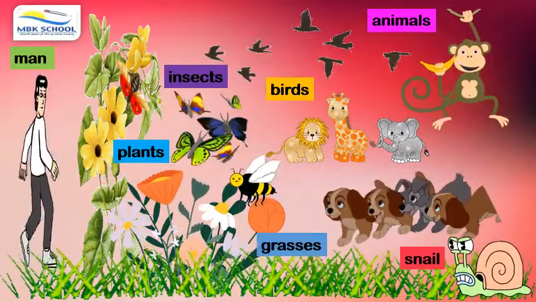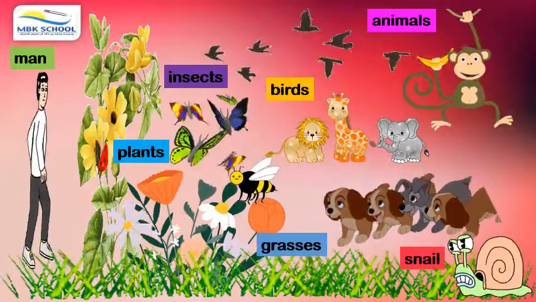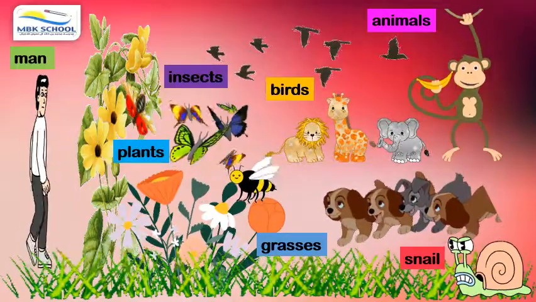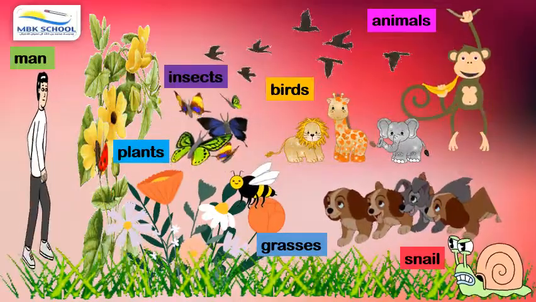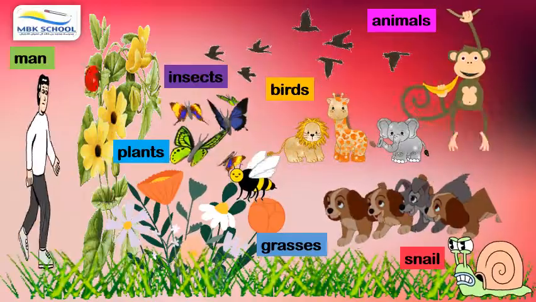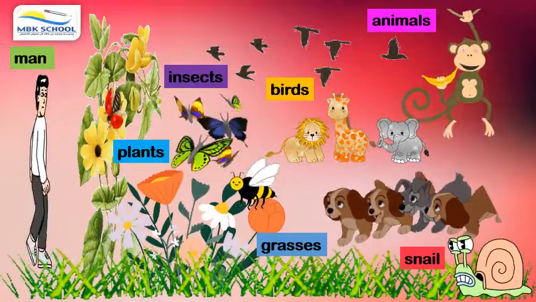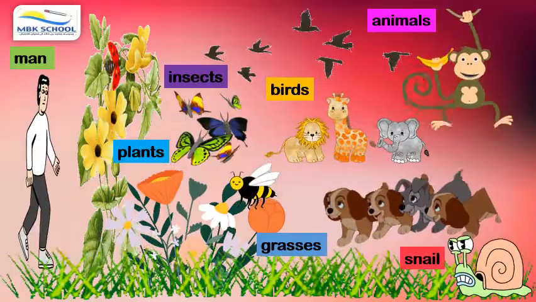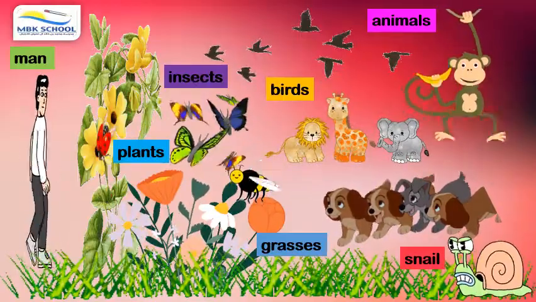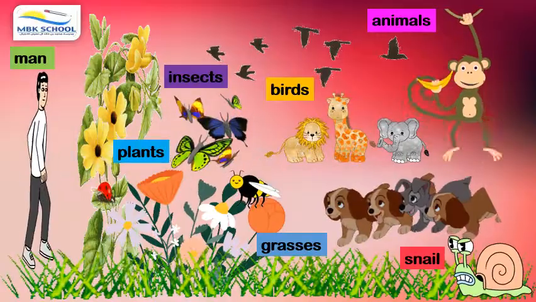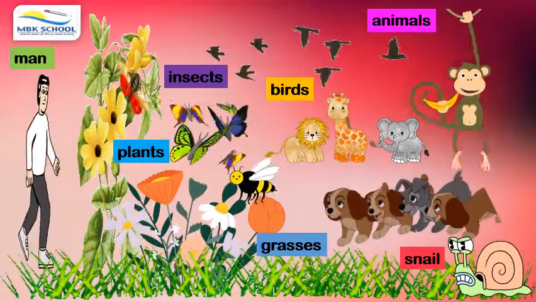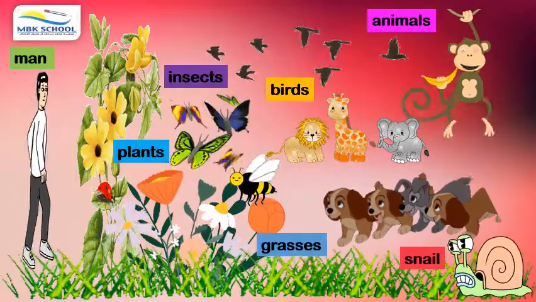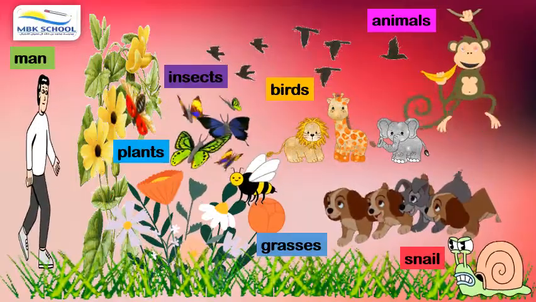And you yourself, my dear students, are also called a living thing because you possess all the characteristics of a living thing. You eat, you breathe, you move, you can go wherever you want.